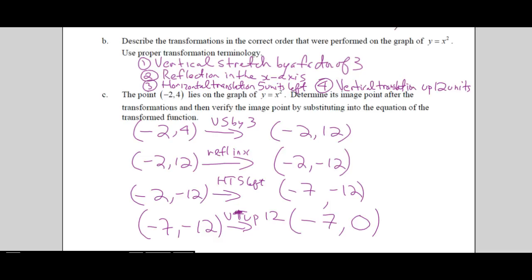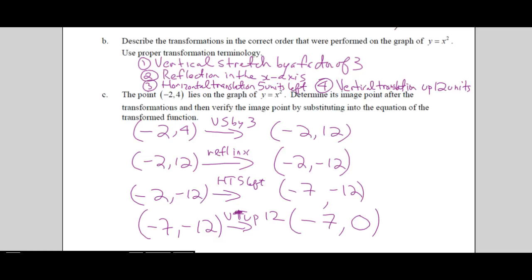In this case, okay. Generally we want to stick with the order of stretch, reflect, and the reason is we don't only do vertical stretches, we're also going to do horizontal stretches. And in that case, things might go off. So stick to the order unless told otherwise: stretch, reflect, translate. Do all of your stretches, whatever they are. There are 2 possible stretches, vertical and horizontal. Do all of your reflections.